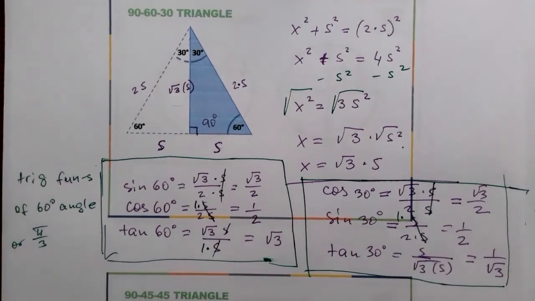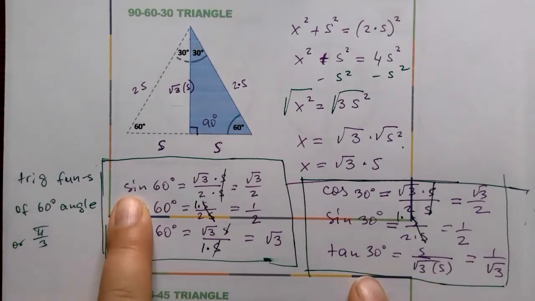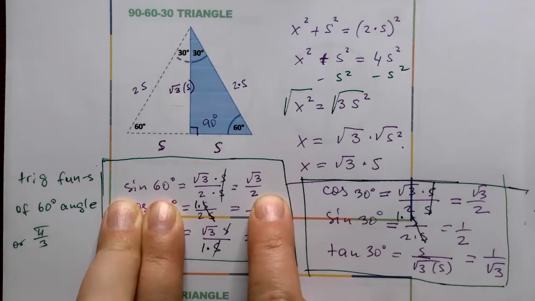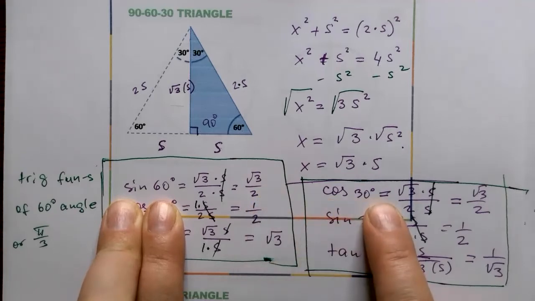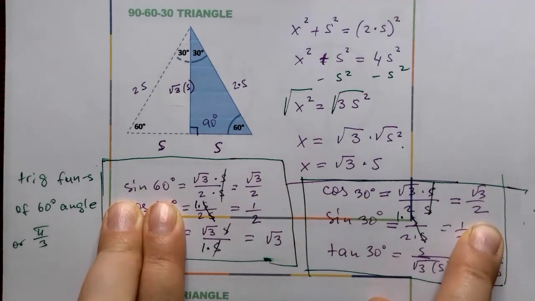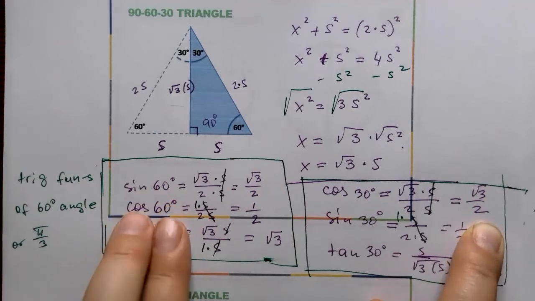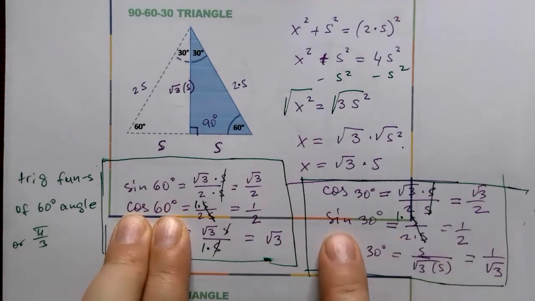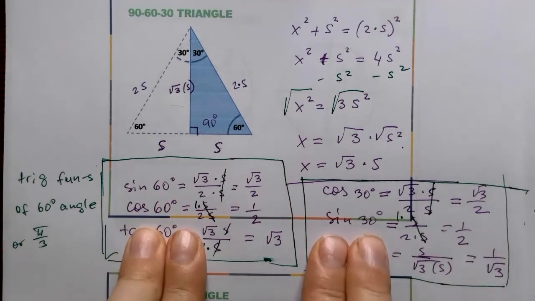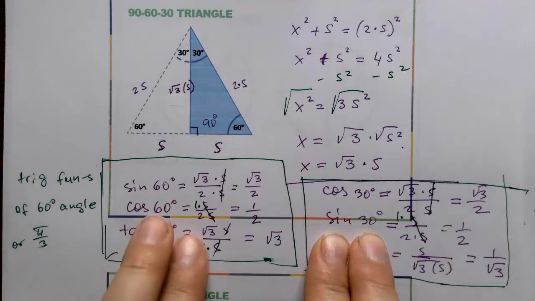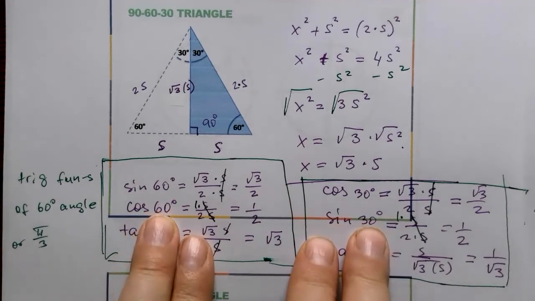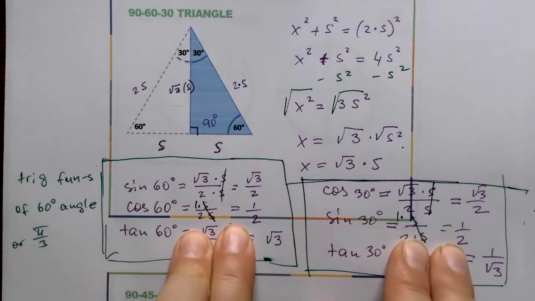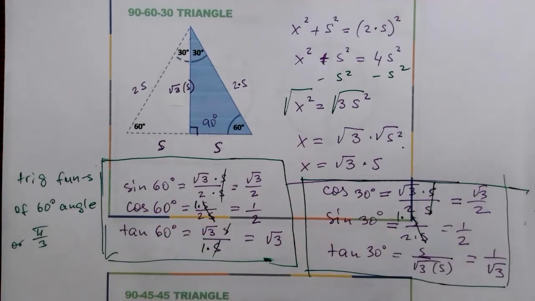What I want to point out is that sine of 60 is square root of 3 over 2. Cosine of 30 is also square root of 3 over 2. The cosine of 60 is 1/2, and so is sine of 30. That's what we mentioned earlier: the 60 and the 30 add up to 90 degrees. That's why the cofunctions are the same.